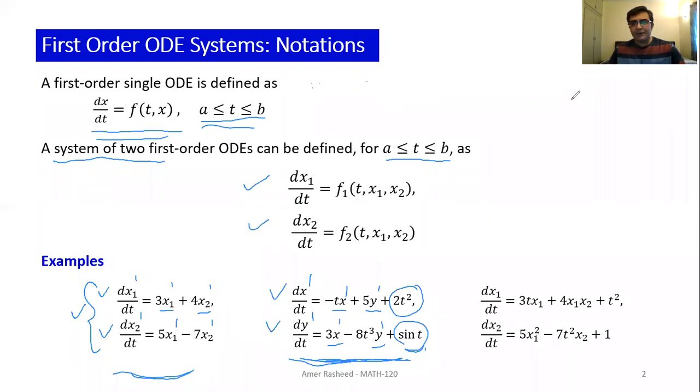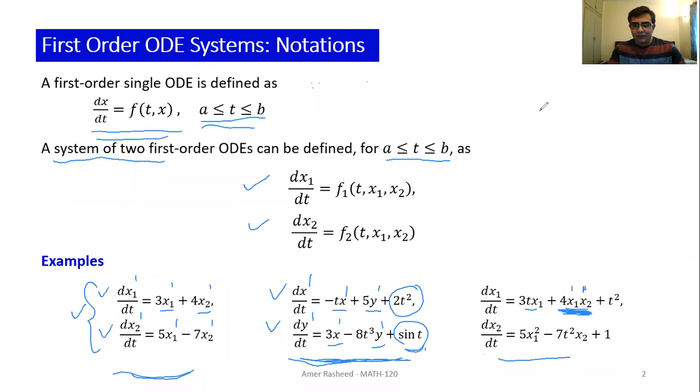Now the third example is this one, which is dx1 by dt is equal to t x1 x2. You can see here there is a product of dependent variables, so the degree becomes 1 plus 1, which is 2. So this equation is not linear.